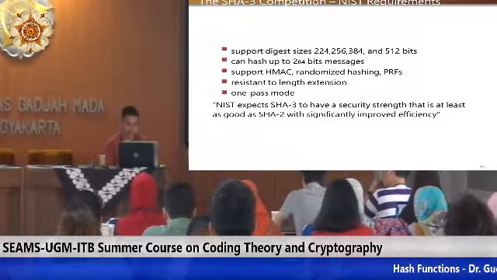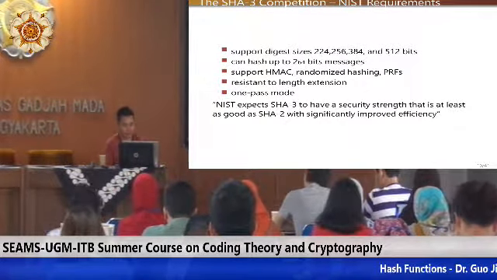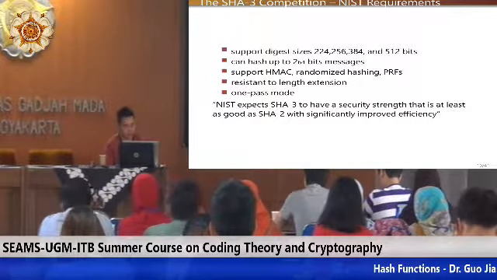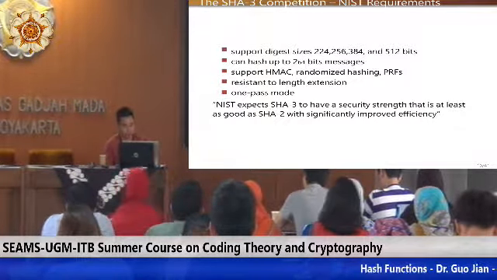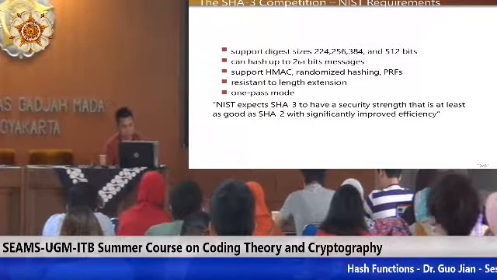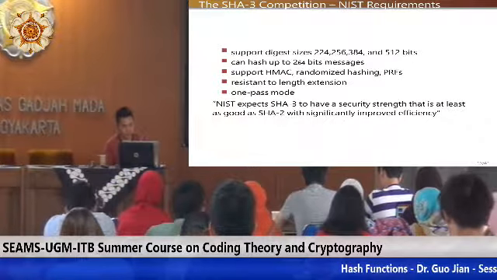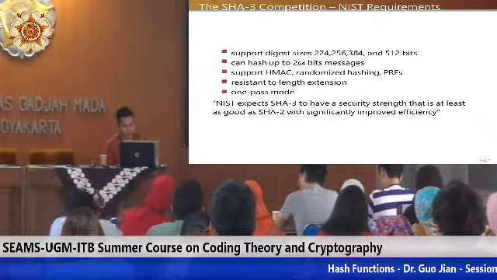And this is the schedule. In November 2007, NIST issued the call for submission. October 31st, 2008 was the submission deadline. 64 submissions were received, and 51 were selected as round 1 candidates one month later.